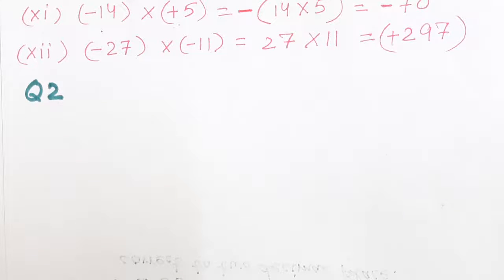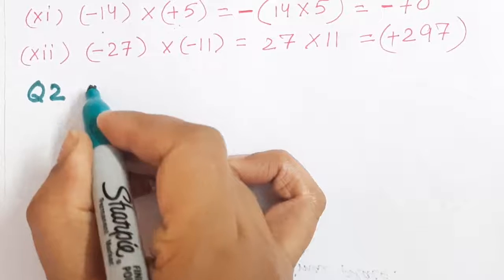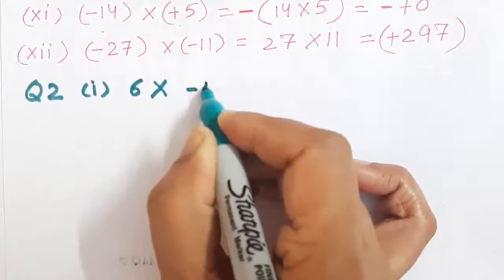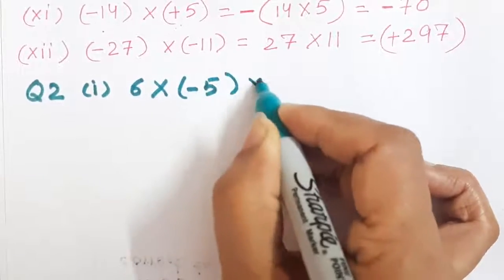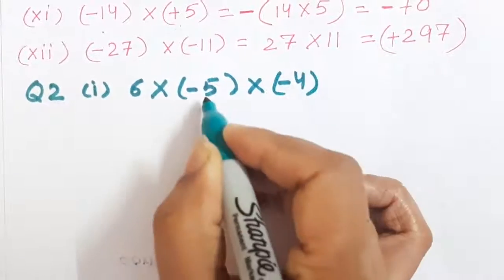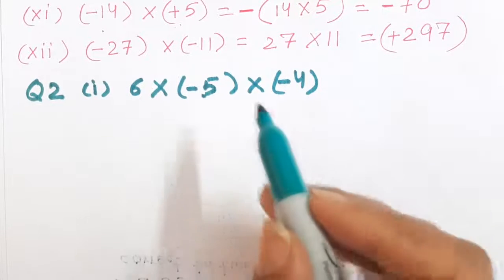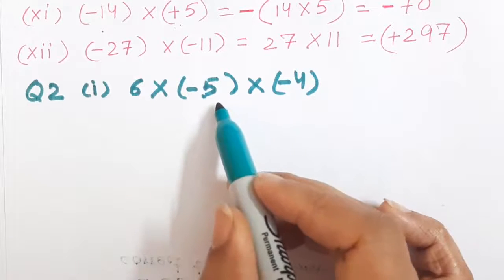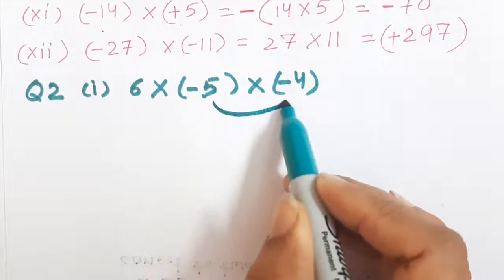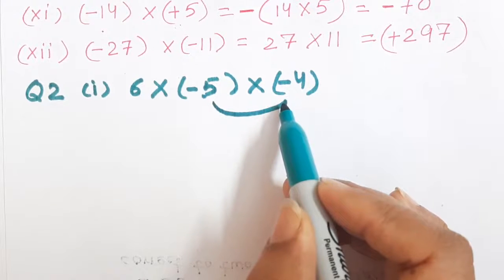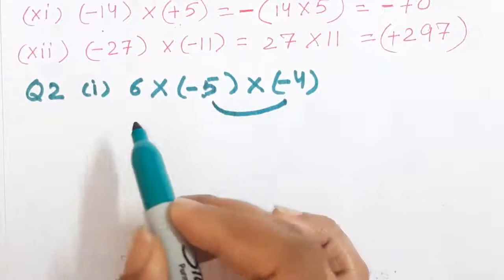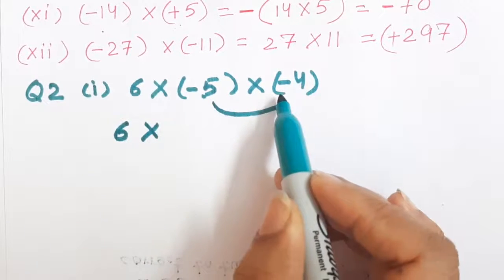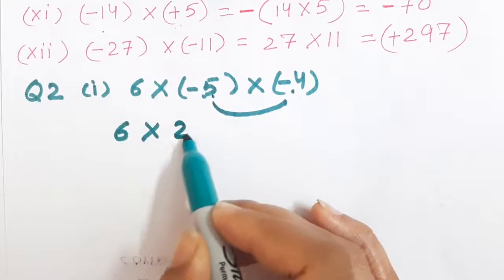Now children, let us discuss question number 2, first part, where we have to multiply more than two numbers. That is, here we have to multiply three numbers all together, right? Now you know that whenever we have to multiply any two numbers with same sign, the result is positive. So if I keep 6 as it is and consider 5 and 4, now 5 4s are 20.